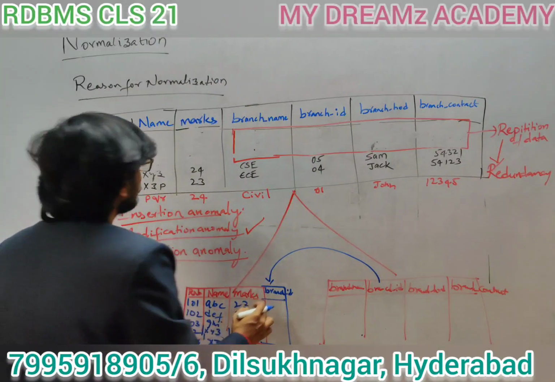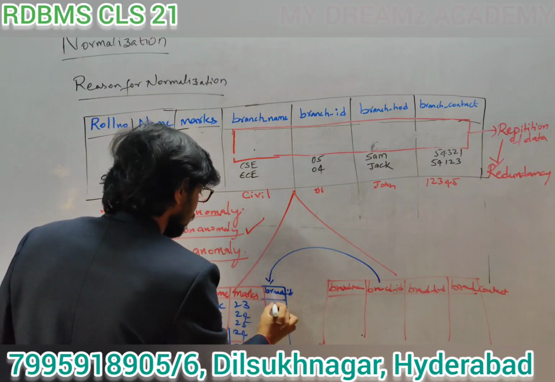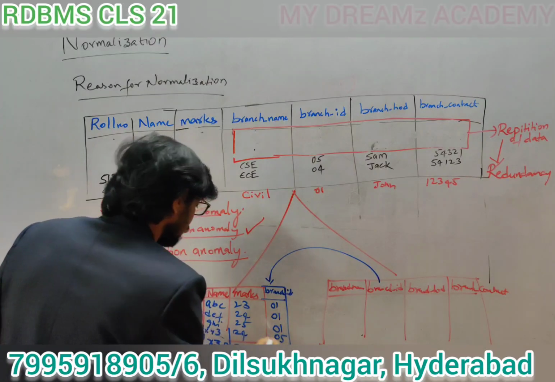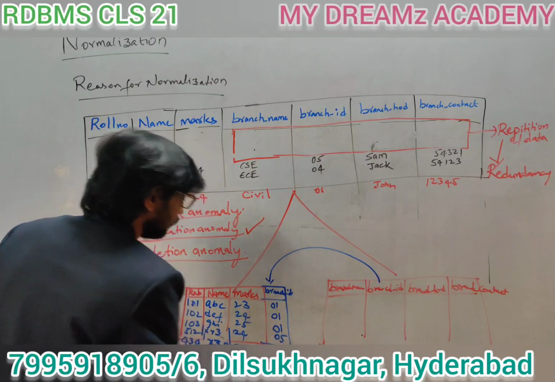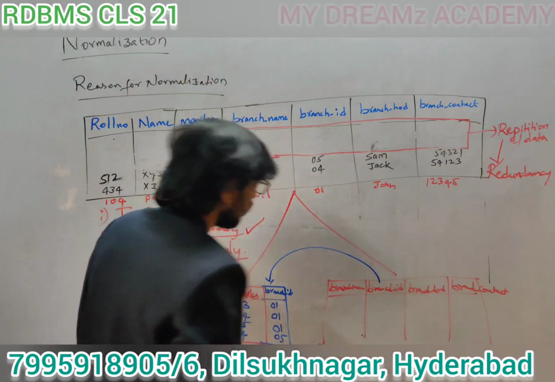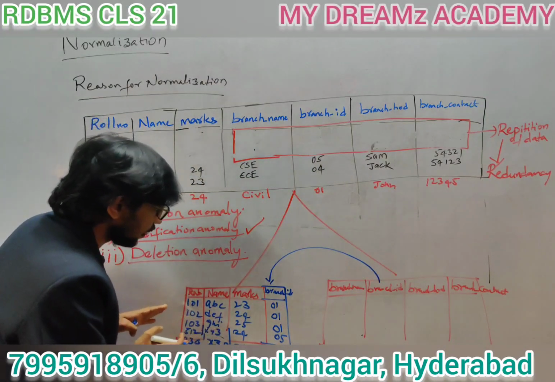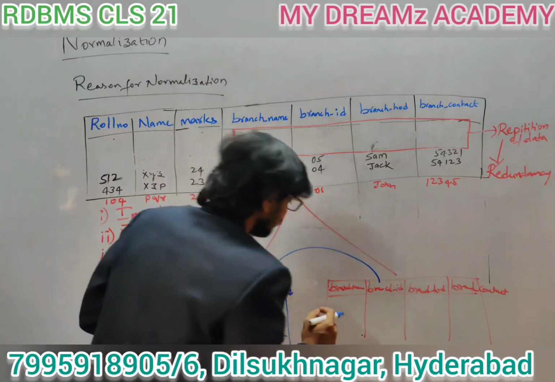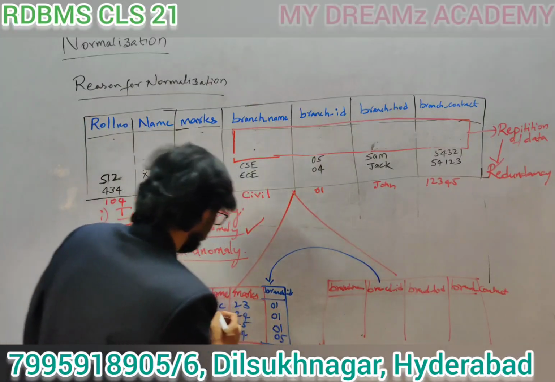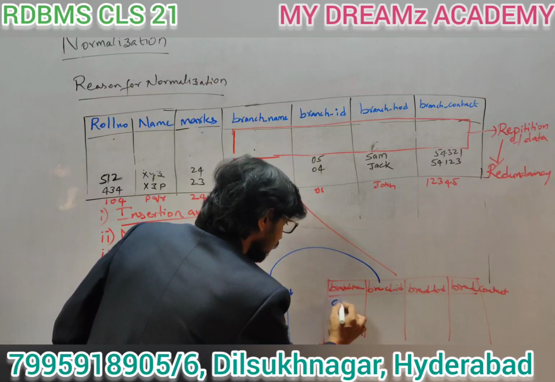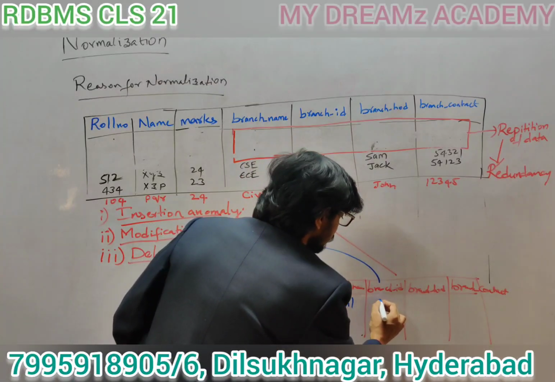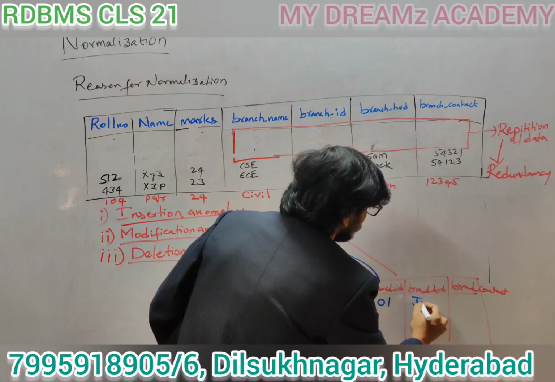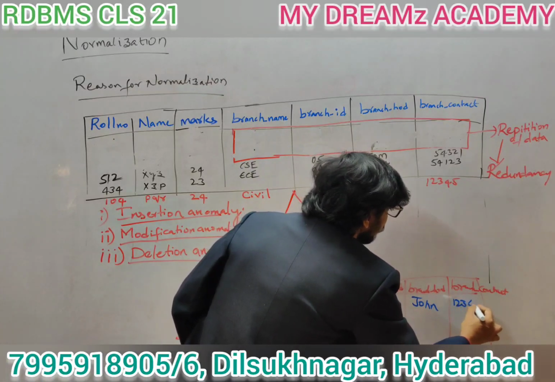Now for 101, what is the branch ID? Obviously it is 01, this is 01, this is 01, this is 05, because CS is 05, EC is 04. Now how many branches do we have? Only 3 branches. So instead of having total branch information for each and every student, we will have just one branch information for all students. Branch name civil, branch ID 01, branch HOD John, 12345.